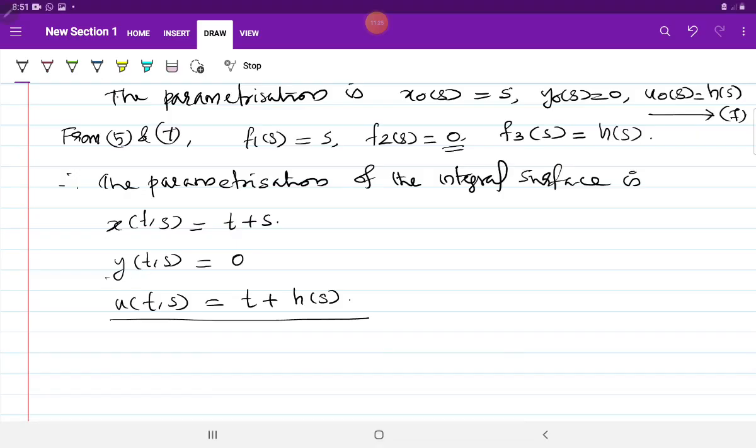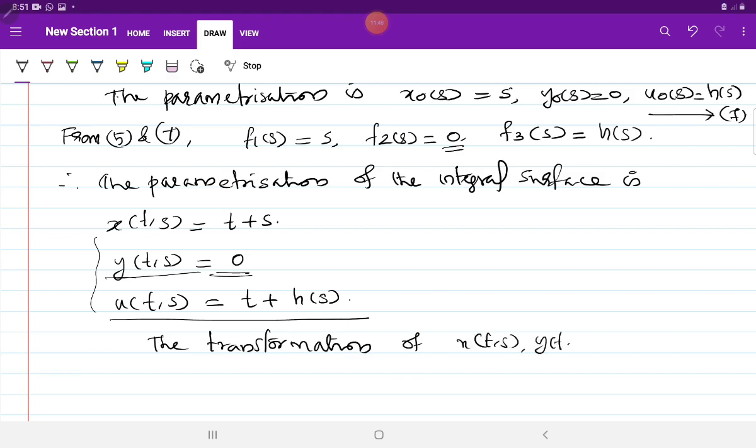But since y is equal to 0 here, we know there is no possibility for converting this directly; such a conversion is not possible. The transformation of x of t comma s, y of t comma s, we have to invert this.